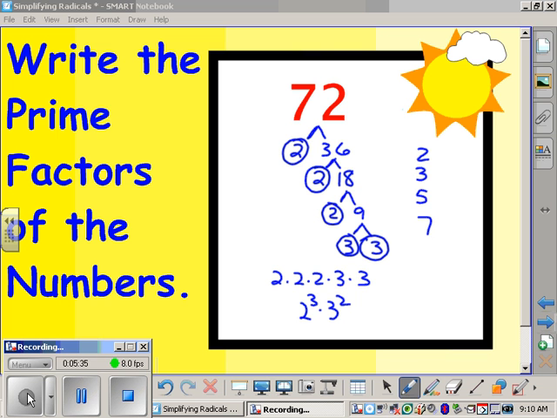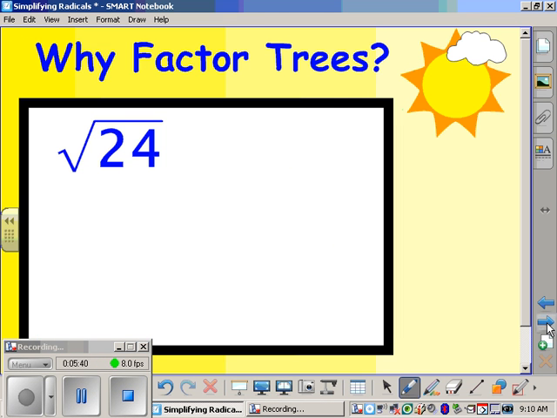Now let's look at how we would actually simplify a radical. Look at this square root of 24. This is not a perfect square. You're used to taking the square root of a number that is a perfect square, like 16, which would equal 4. You've also learned how to estimate.